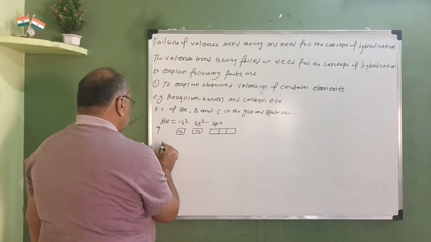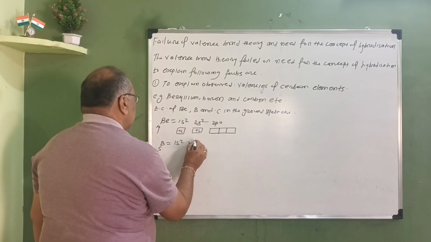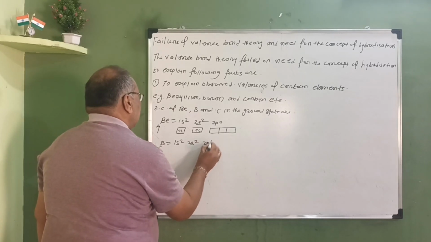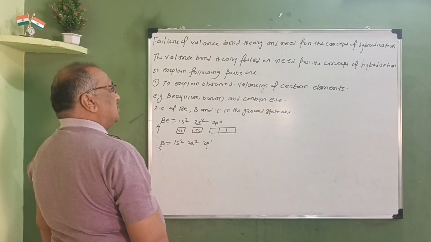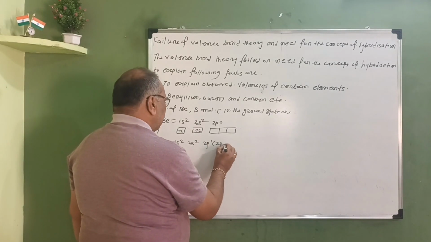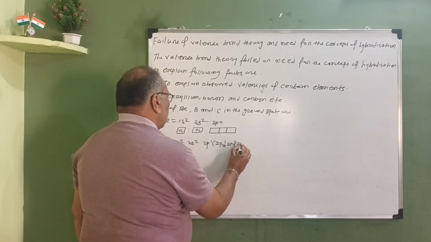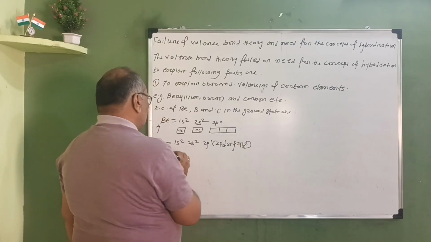Boron: 1s2 2s2 2p1. That means here according to Hund's rule, that is 2px1, 2py0 and 2pz0.